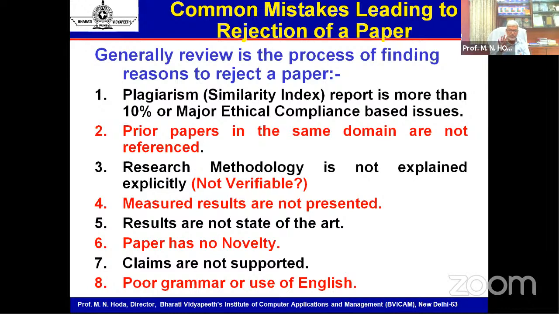And to begin with, let me tell you that the review process which publishers, journals, and conference organizers undertake is for the purpose of finding reasons to reject a paper, not finding reasons to accept a paper. Many of the good publishers have an acceptance rate of less than 5 to 6%.